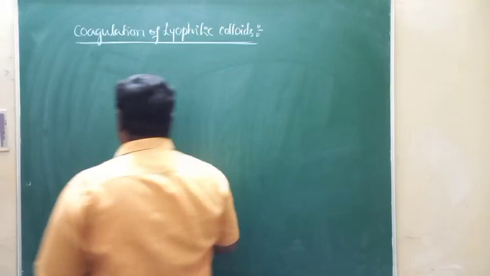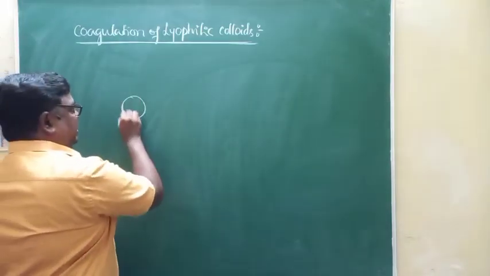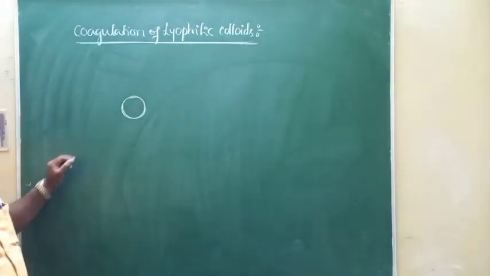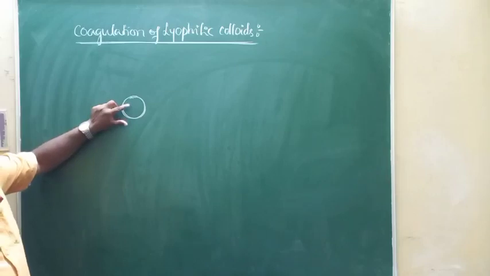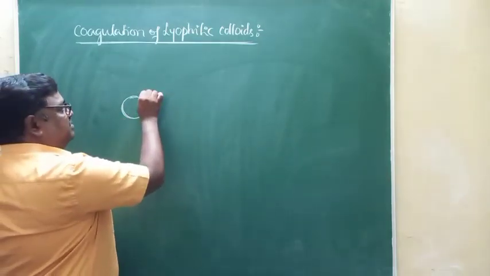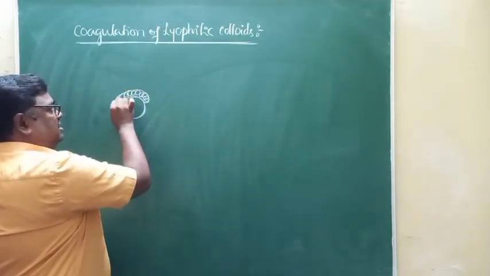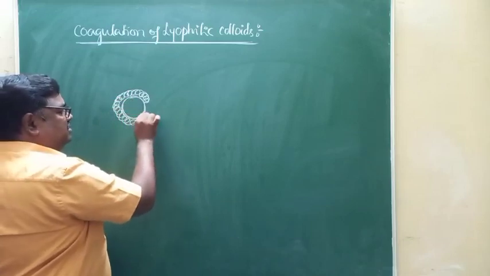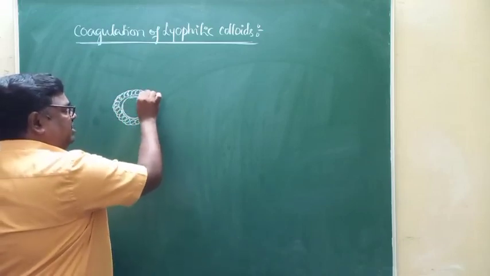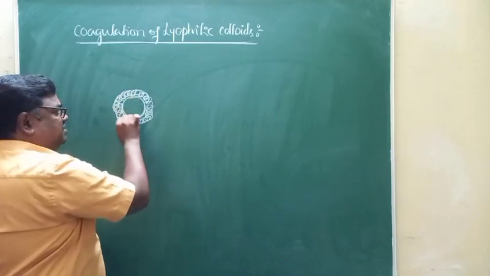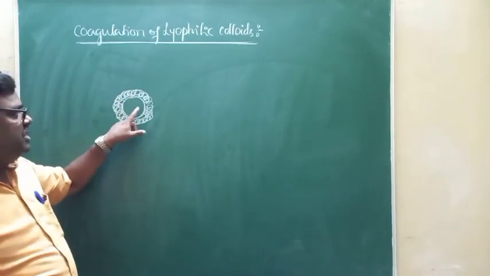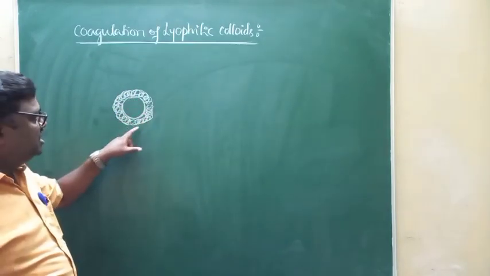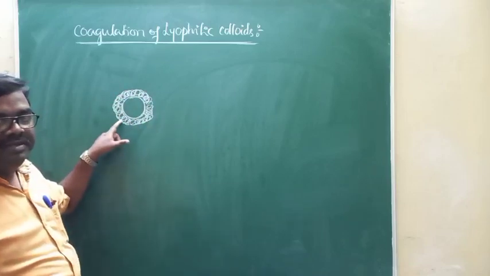Look at this. Because of that extensive hydration, if I say this is a dispersive phase particle, it is surrounded by dispersion medium molecules. Because of the strong interaction between dispersive phase and dispersion medium, the particles are surrounded by a sheath of dispersion medium.